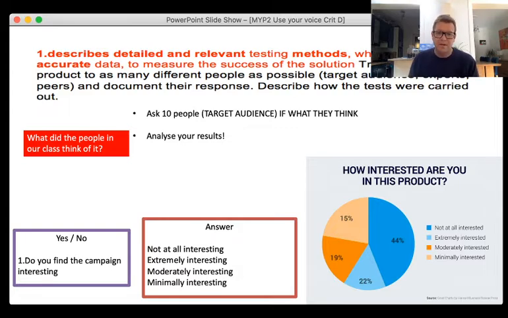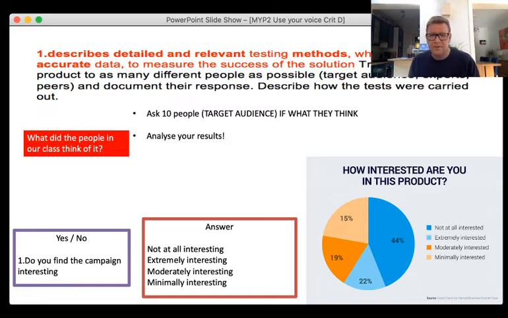I'm going to ask you to make a questionnaire and ask them some questions. It says here, ask 10 people from your target audience. If you've made it for 15-year-olds or maybe adults, try to get those people to answer it. Maybe send it via email to some aunties, that type of thing, and let us know what they found of it.